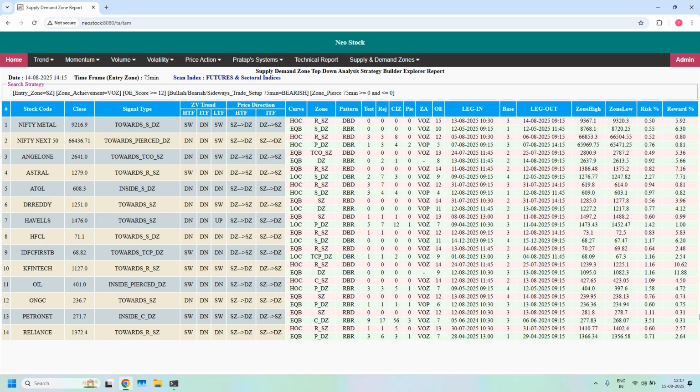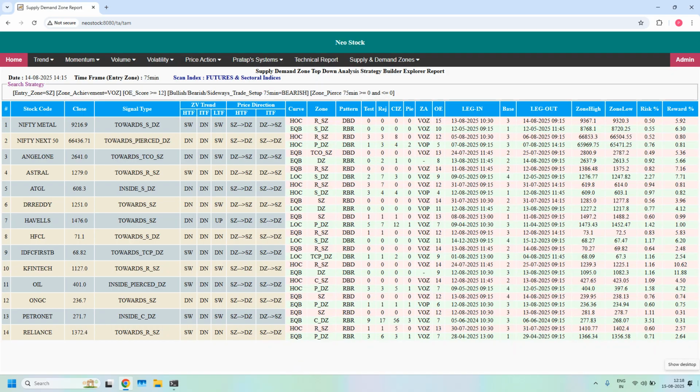All these 14 stocks are supporting bearish trade setup for weekly income trade. And the entry time frame zones are 75 minutes supply zones. So total we got 14 75-minute supply zones.